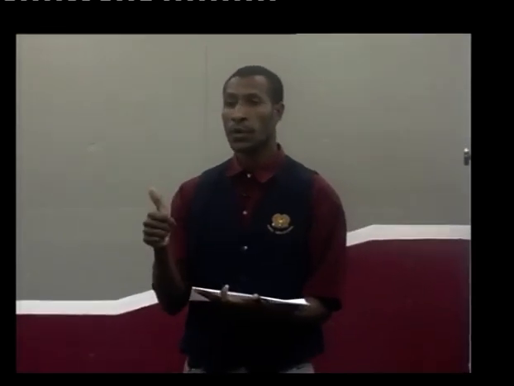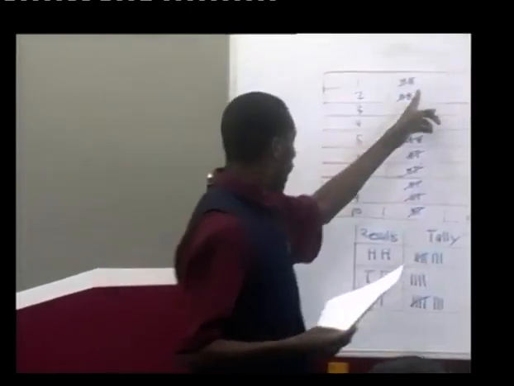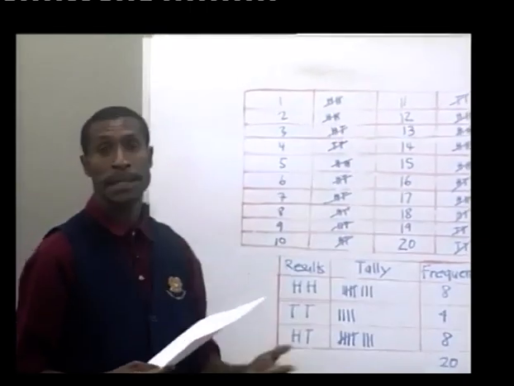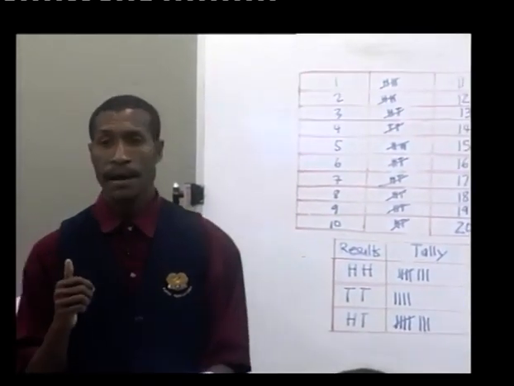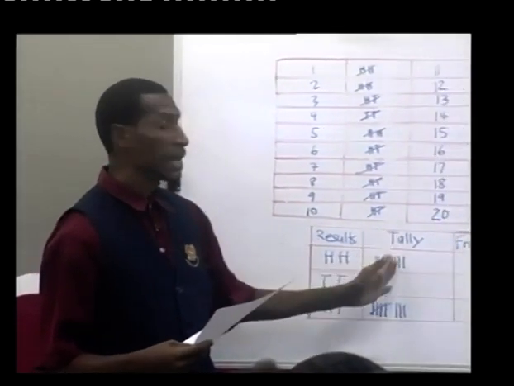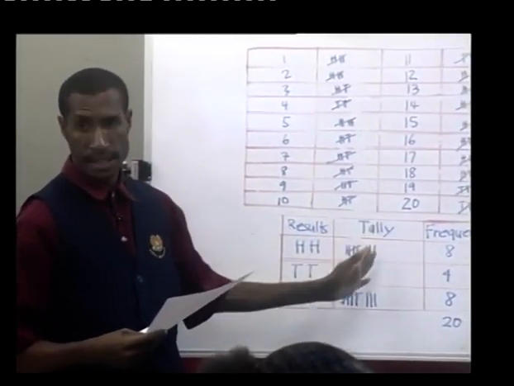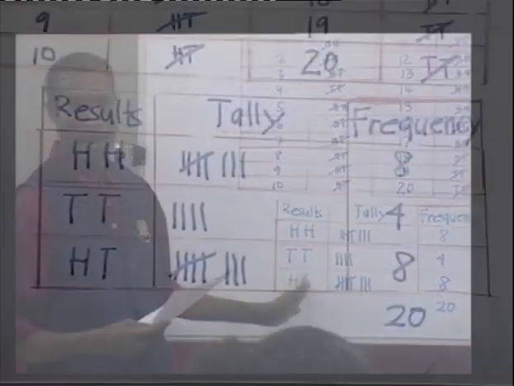Each time you toss the coin, you must record the result as head, head, or tail, tail, or head, tail, depending on the result that you get. After that, you make a tally of the results.